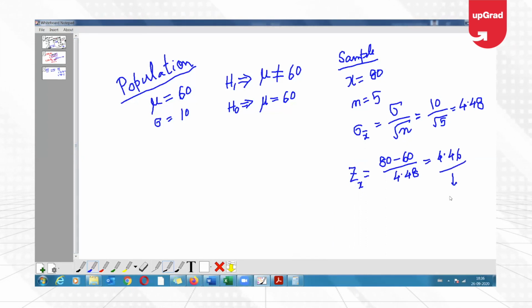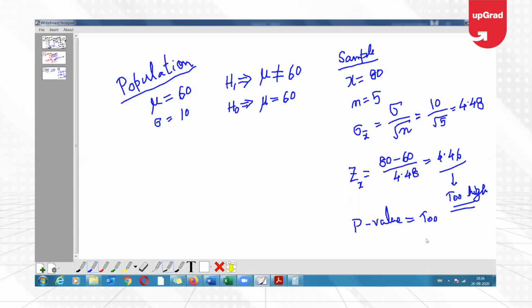It's too high. I don't even need to look at the p-value. A z-score of anything, if it crosses 1.6, 1.7, it's like too high. So in this case, the p-value will be too low.